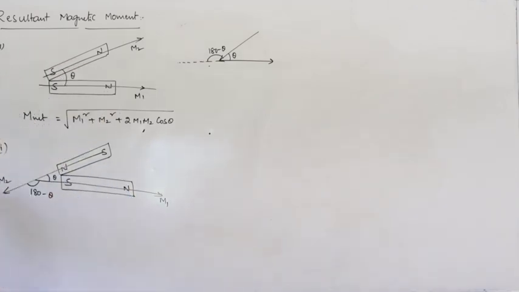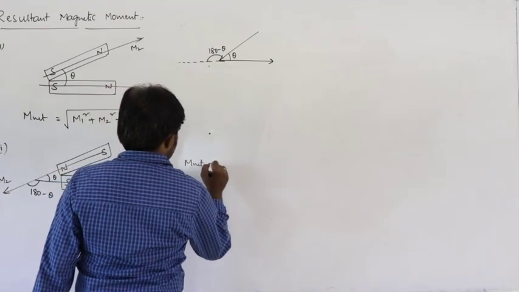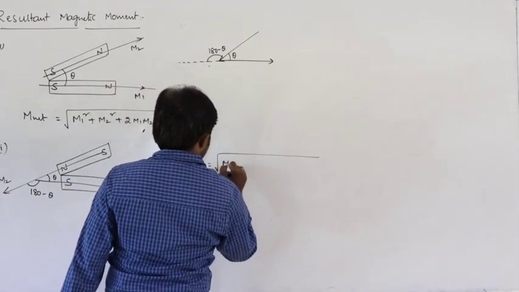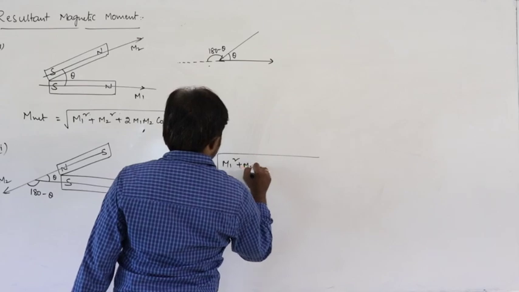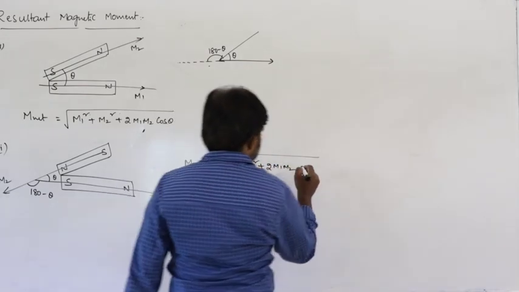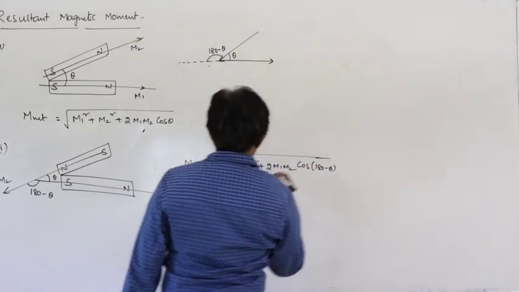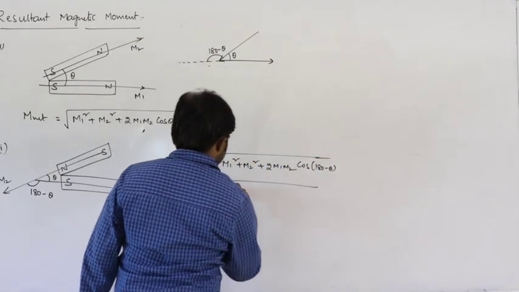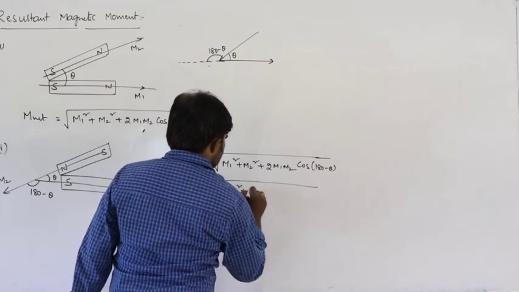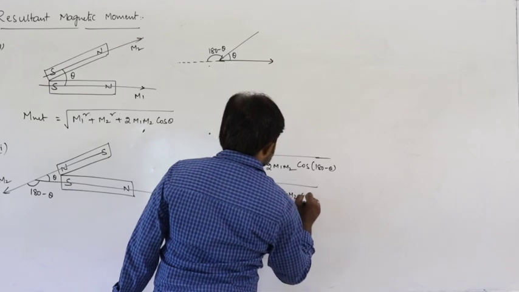So now net magnetic moment in this situation. M net is equal to square root of M1 square plus M2 square plus 2 M1 M2 cos of 180 minus theta. So that is equal to square root of M1 square plus M2 square minus 2 M1 M2 cos theta.